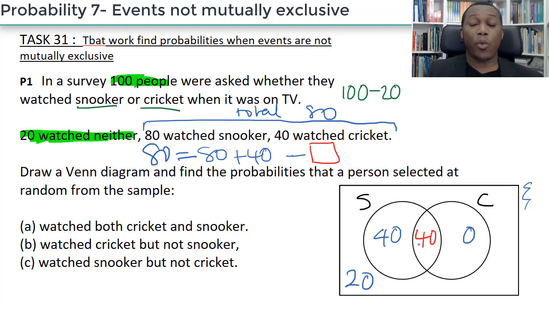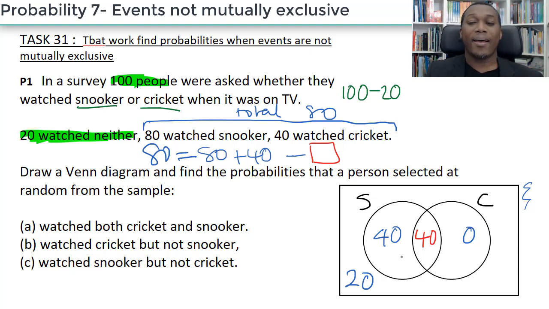And then I need to take away the overlap. And so the question is, what's the overlap? When you work it out, if you have 80 plus 40, what are you going to take away to remain with 80? It's the 40 that has to go. And that's how we end up with 40 in the overlap, meaning that nobody watches cricket only. Everybody who watches cricket also watches snooker.